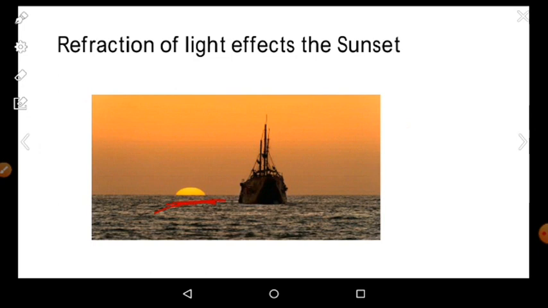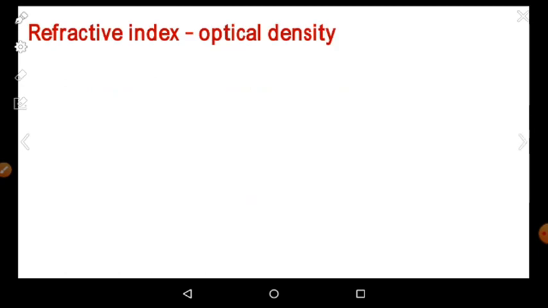Then what is the significance of refraction? And how do we observe the refraction of light in a given material? Here, as I said, when light is transmitting from one material to another, there is a change in the velocity of the light.